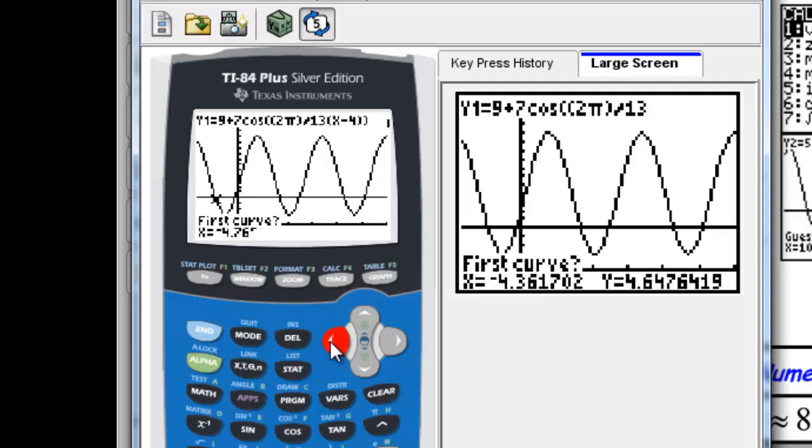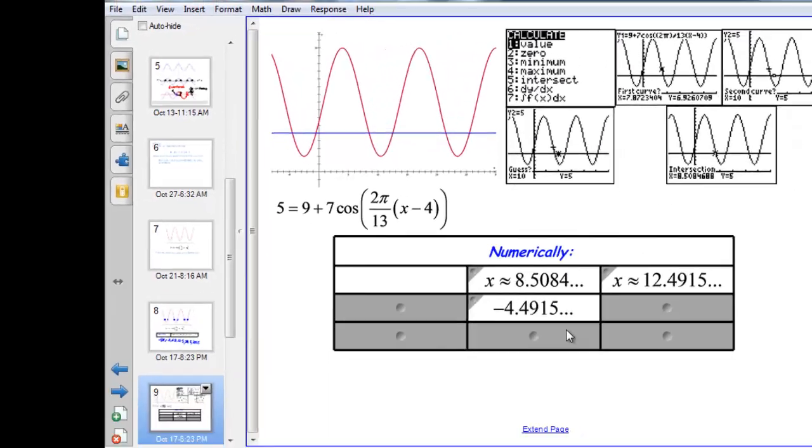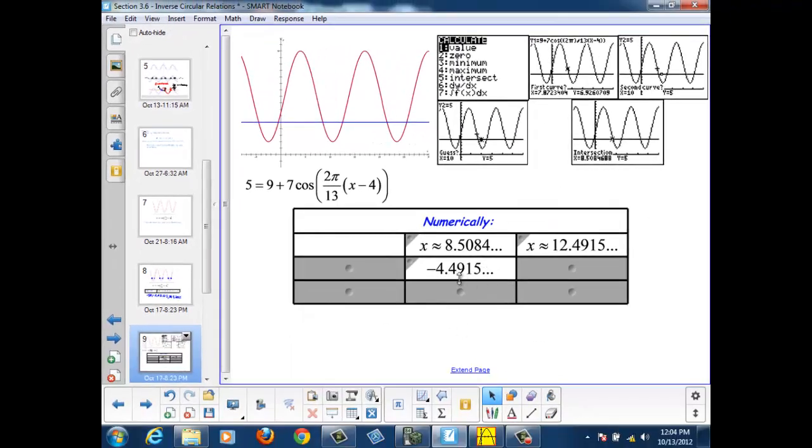So I need to be to the left of that. So there's good. And then I need to be to the right of the intersection. And hit enter again. And I get an answer of negative 4.4915. So my second solution is negative 4.4915.